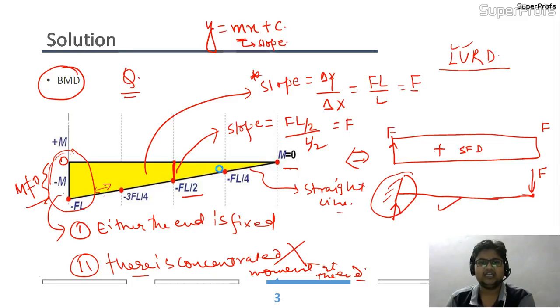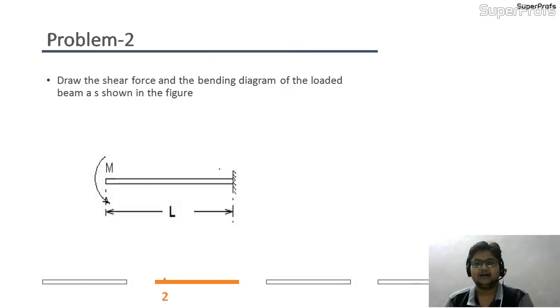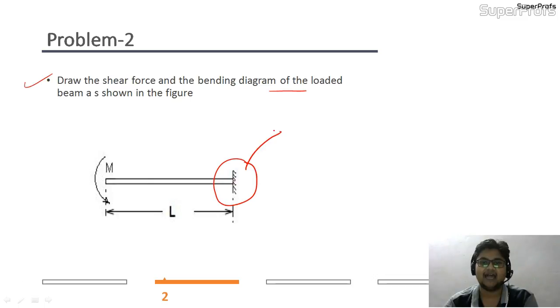Now coming on to the next, as I have shown you the SFD and BMD of a cantilever beam suffering a point load at the free end, I will take again a beam. Again I have not mentioned the type of beam, but you have to conclude by seeing the fixed end that it is a cantilever beam.